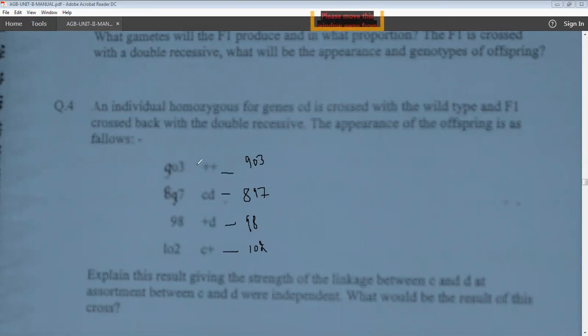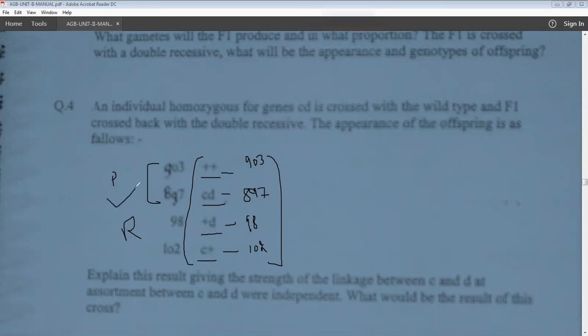This example is just similar to the example which we had already covered. From that we can say that this is a parental form, this is a parental form, these two are the recombinant forms, these two are the parental forms. As you can see, the parental forms are more than the recombinant forms, so it is also a kind of incomplete linkage.